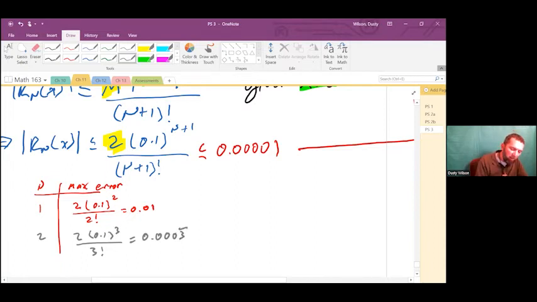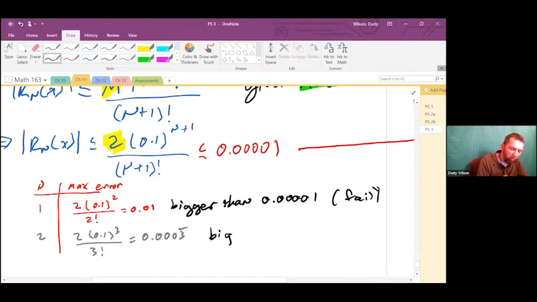Again, this is too big. It's bigger than 0.00001. So we fail.